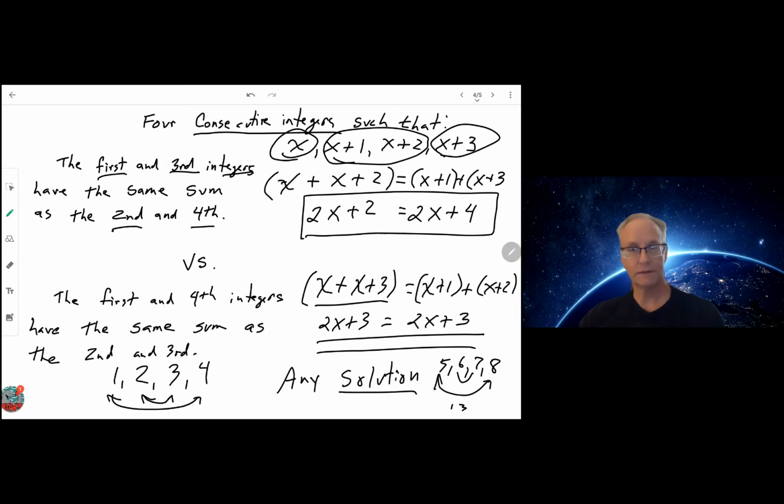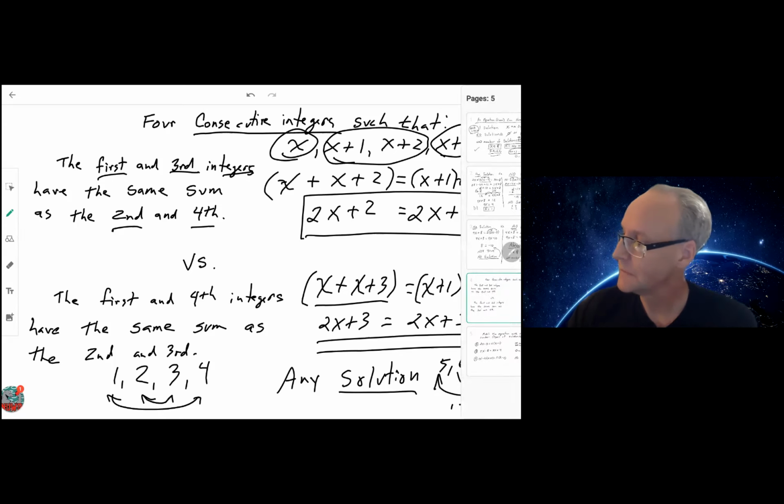So hopefully you can see how these are different. This one has no solution where the first and third have the same sum as the second and fourth. But this one, the first and the last add up to the same as the second and the third.